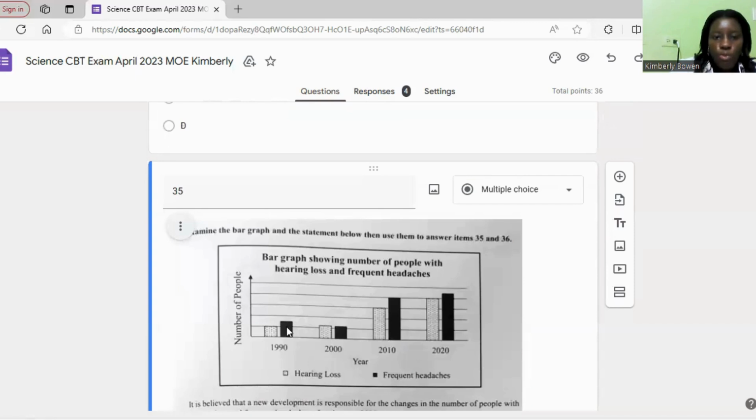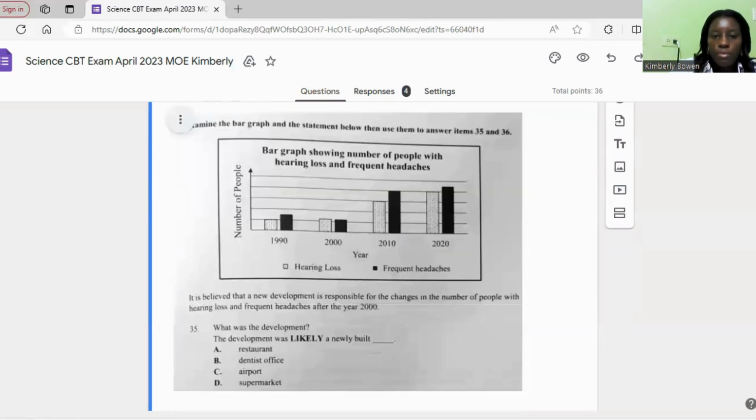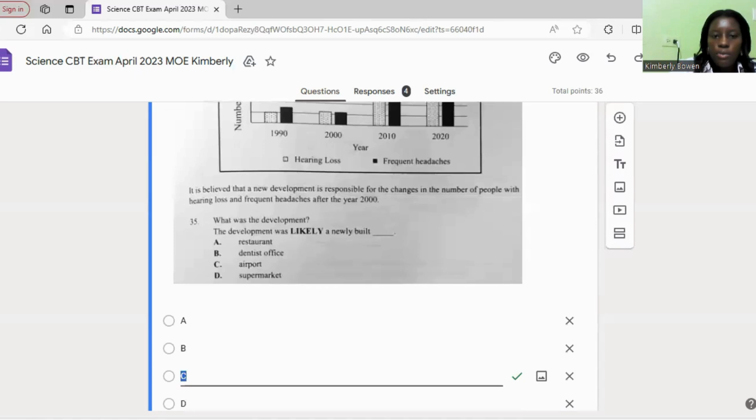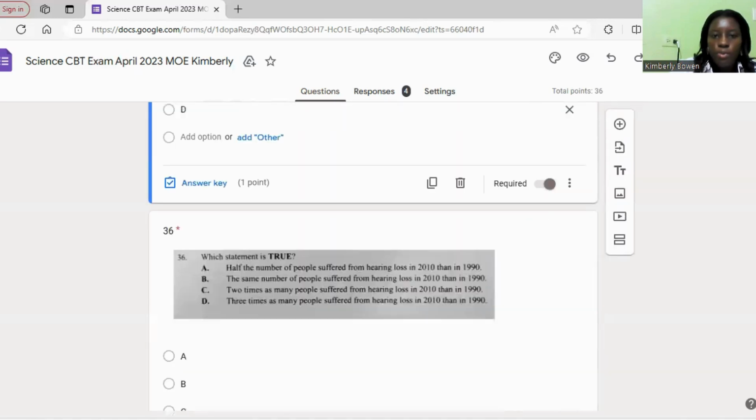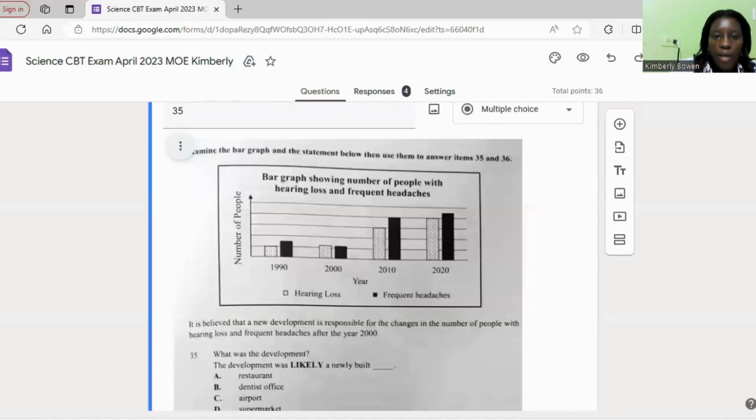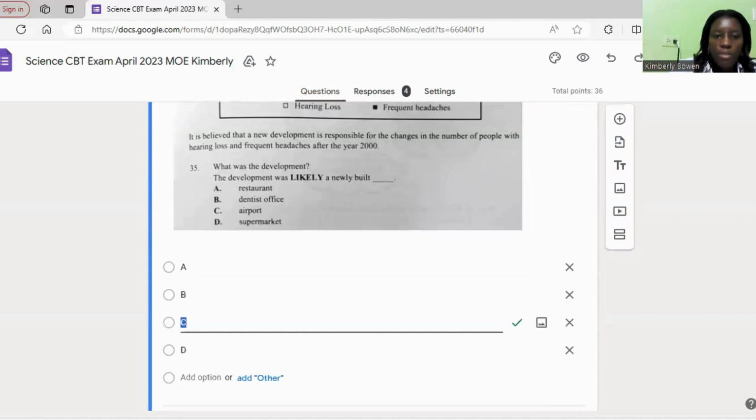There were 2 bars for 1990 and 2000. That doesn't seem to work. 2010. Let's look at half. Not quite 2 yet. All right, let's look at the other.